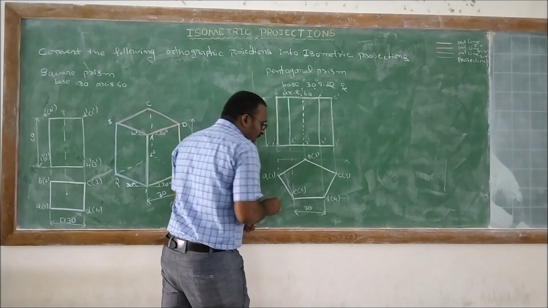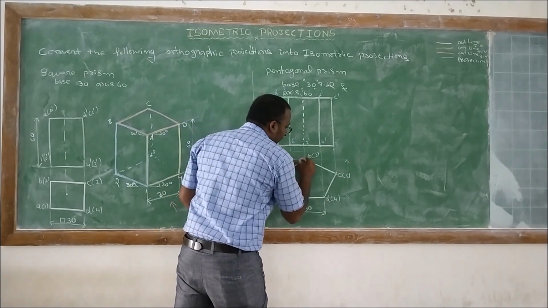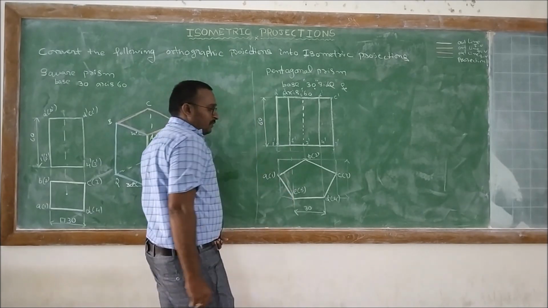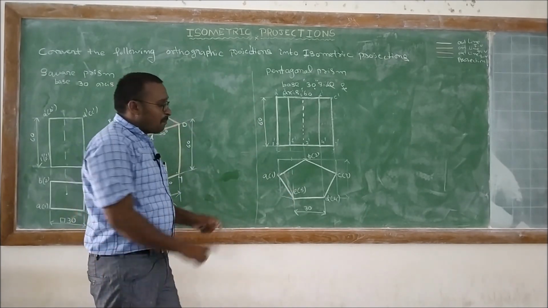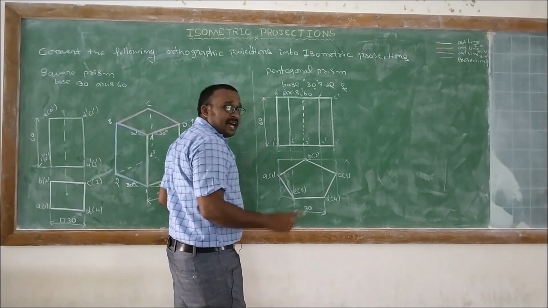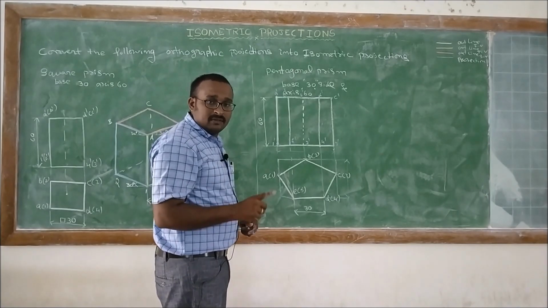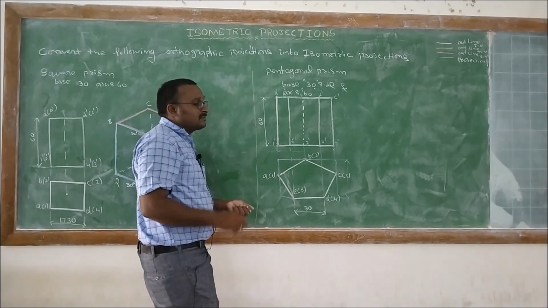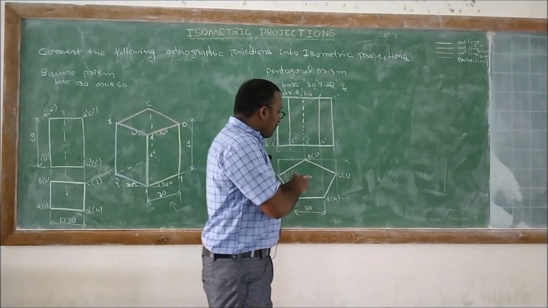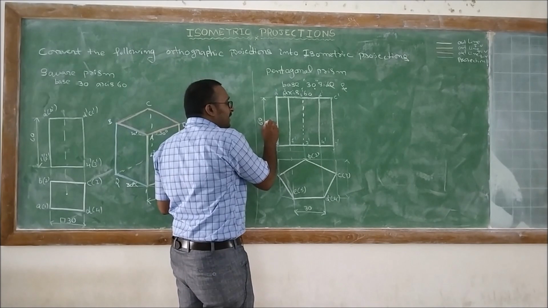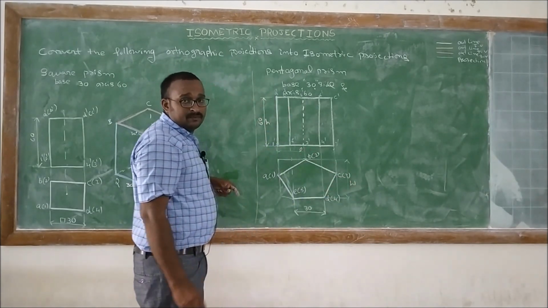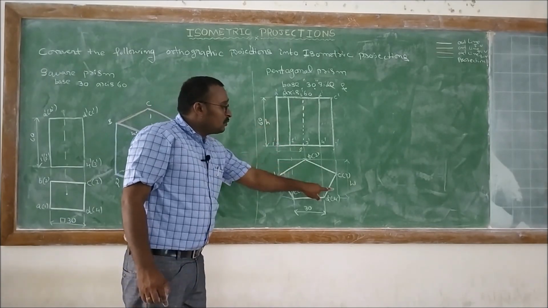For isometric lines, what I said, we must have to create an outside box, right? Because of that these lines are non-isometric lines. So now we are going to draw the box as it is. So here it is the height, length, width of the box.